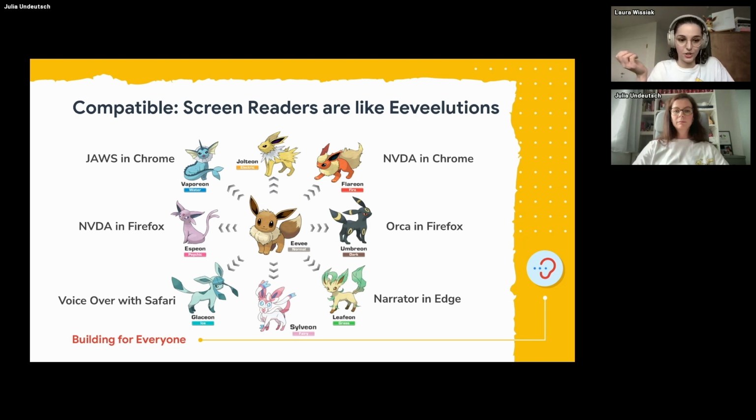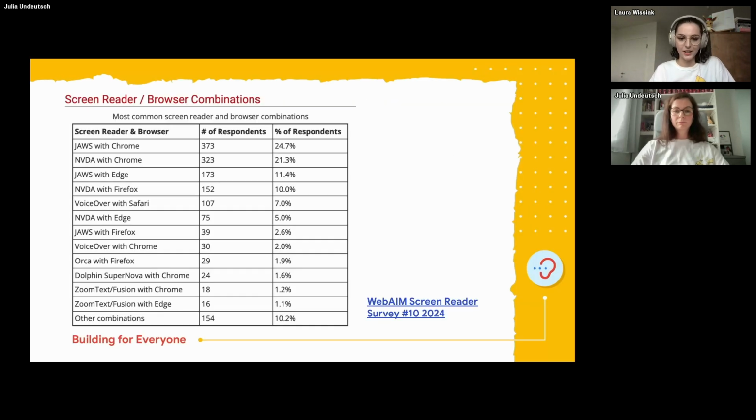Now the obvious question is also, which are the best evolutions, which are the best screen reader and browser combinations to test with. For that, you can reference the WebAIM Screen Reader Survey, which is an annual screen reader survey sent out by WebAIM. And it is also within the email that you only reply if you use screen readers, basically.